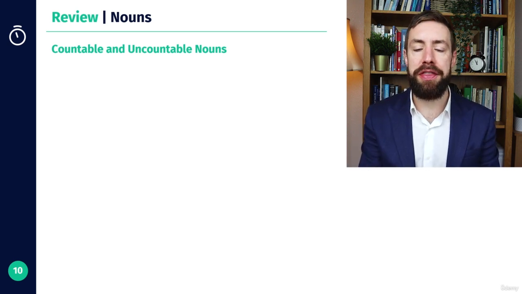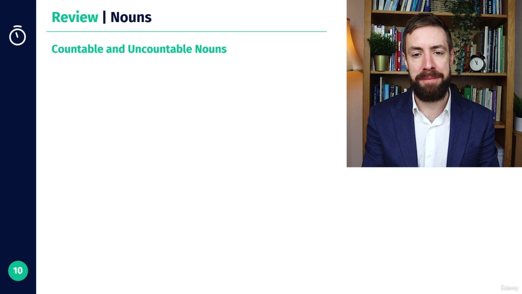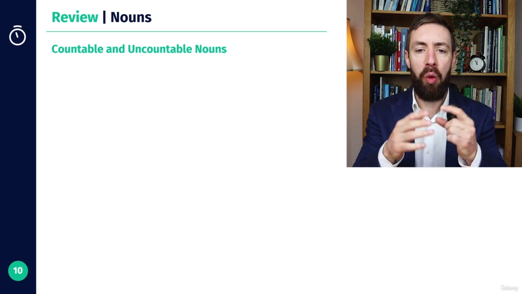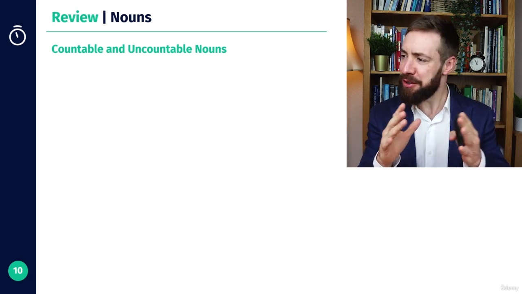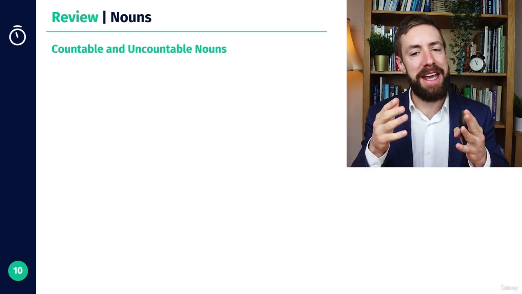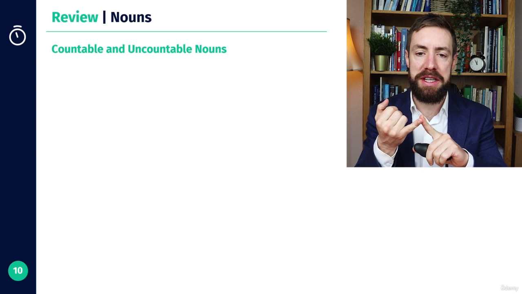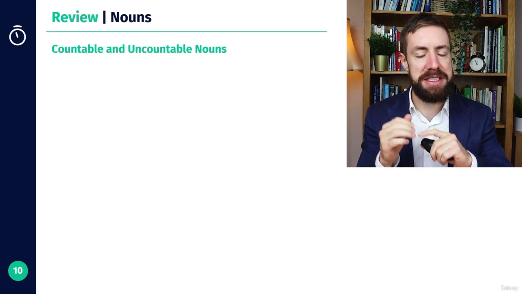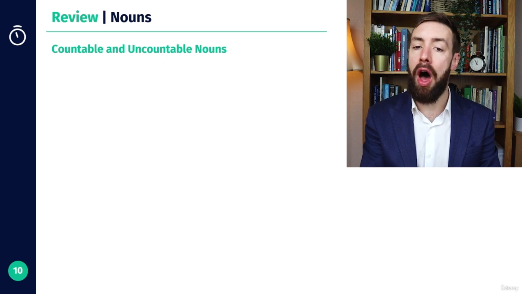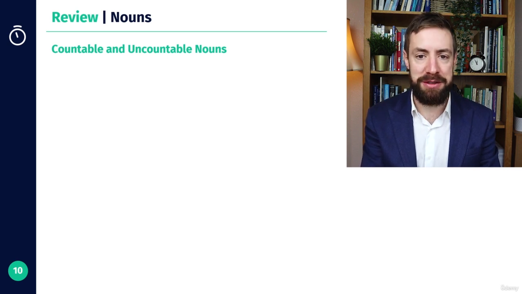Uncountable nouns are things when it's hard to count them. For example, water. Can you say, look, there is 1 water, or there's so much water? It's hard to count. Things like water, things like meat, things like rice. These things are hard to count, so we call them uncountable nouns.